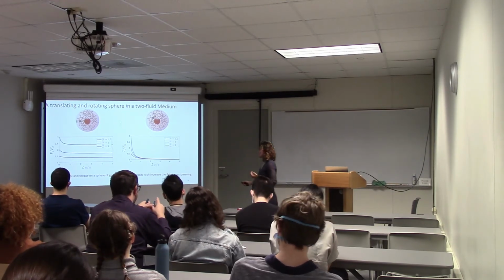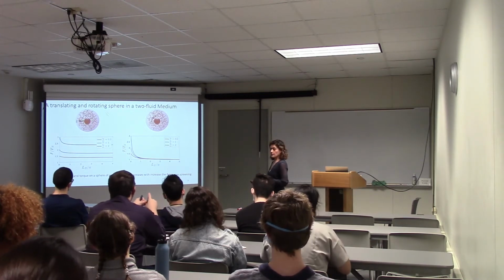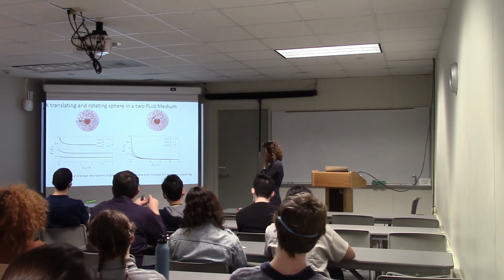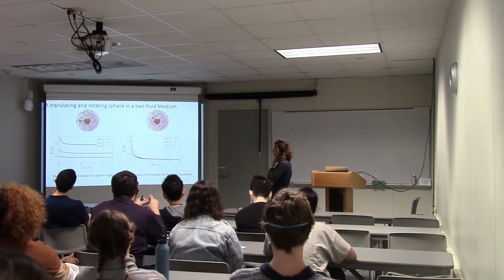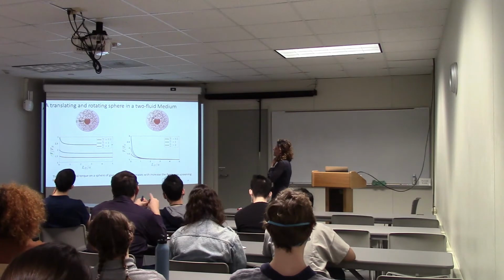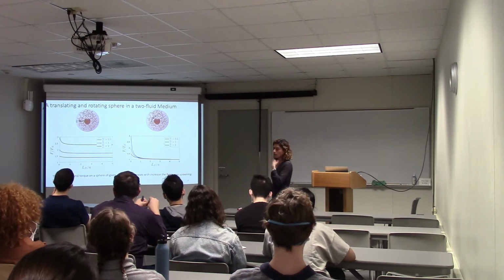So this is the result of the sphere moving with no depletion in such a medium. And this is the drag force on the sphere, normalized by the drag force of the sphere moving in a pure solvent.